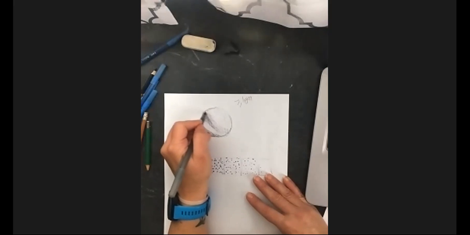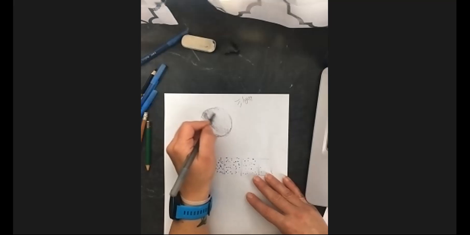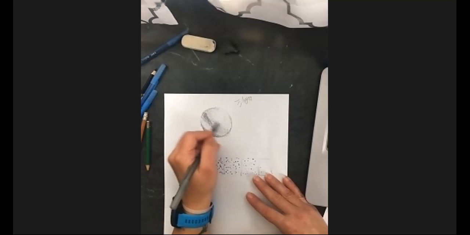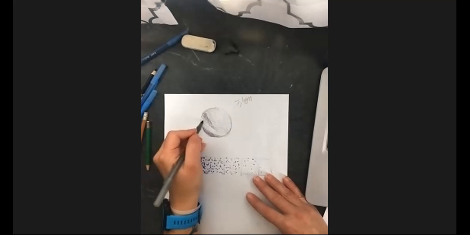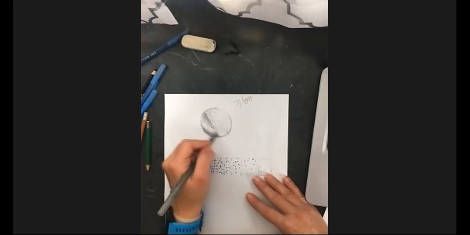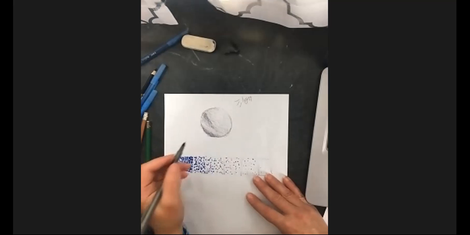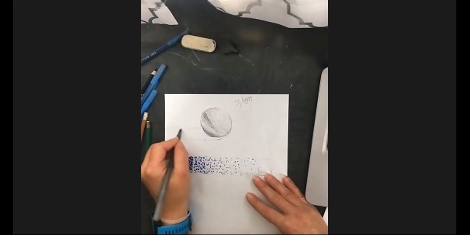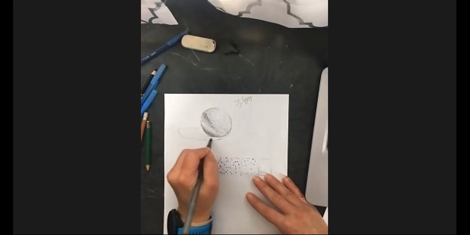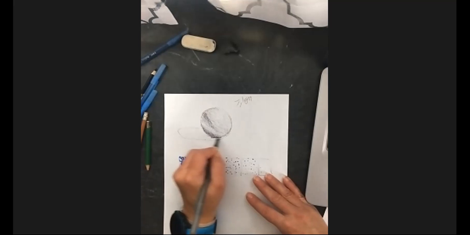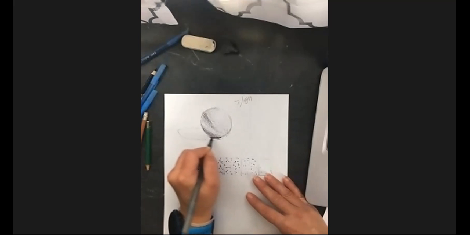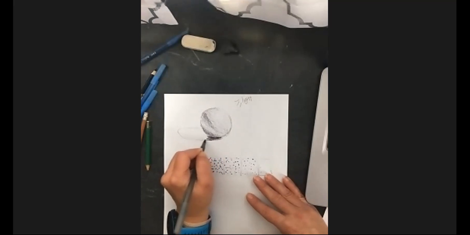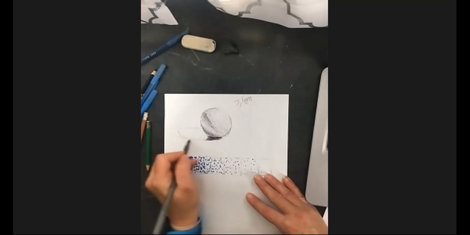I'm doing this with straight lines, and then I'm going to show you a version that allows for curved lines as well, because that really works for spheres. I have a cast shadow right under here, and I know that there is a very, very dark area right at the bottom of my sphere, because that's where no light is coming through. So I know that these lines are going to be very, very close together.